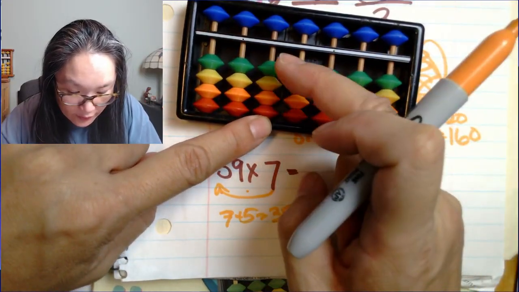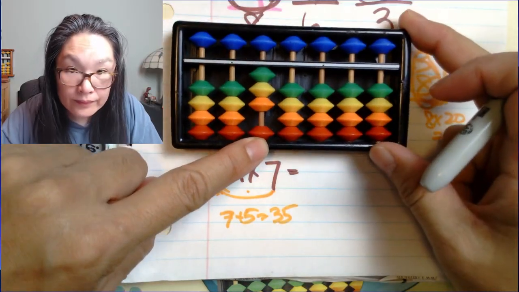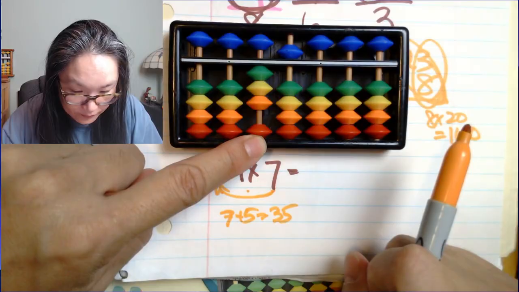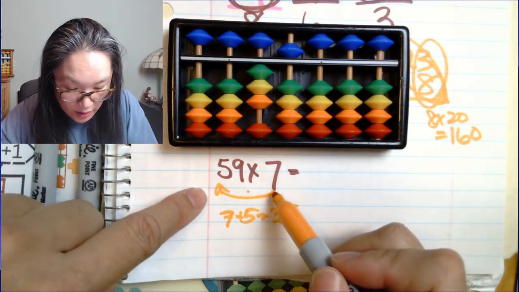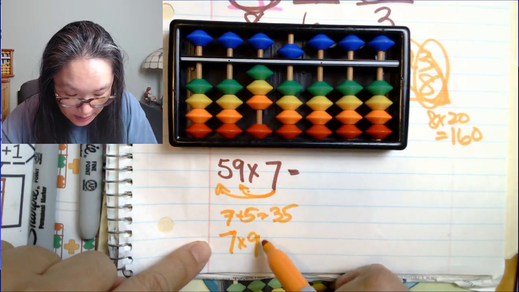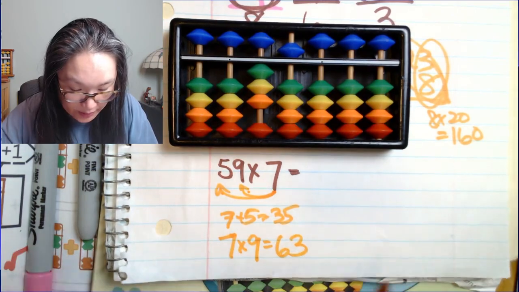So I add 30 and then I add my 5. And then I do 7 times 9. 7 times 9 is 63.